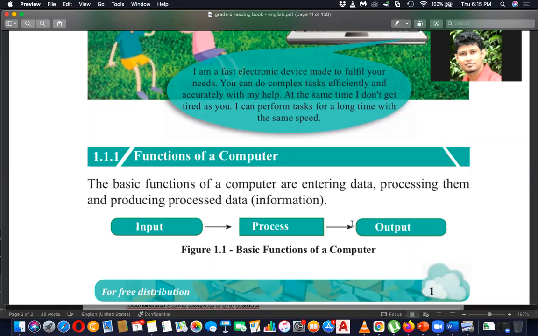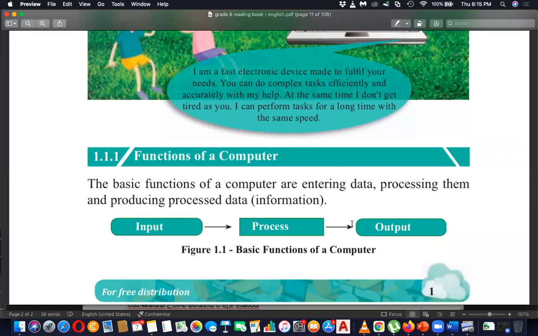And what is the output? You take something in and give something out. Why do you eat? What's the reason for eating? Yes, to absorb nutrition. Absorbed nutrition or energy is the output. So the output of the digestion is energy.